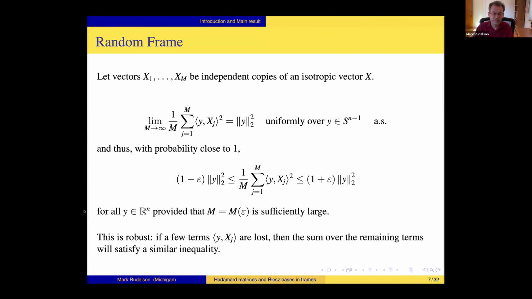So first, this is the ideal situation. The random frame is robust, and this follows from the fact that the xj's are random and independent. So if we drop a few of them, we'll still have independent random vectors, we'll still have a frame.